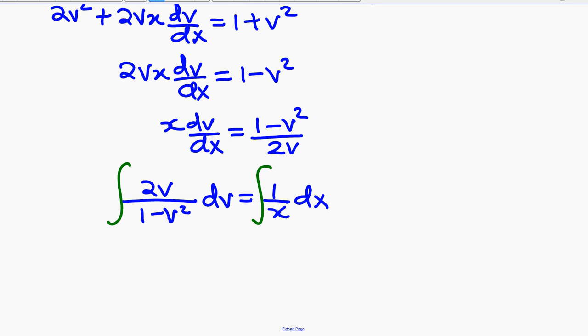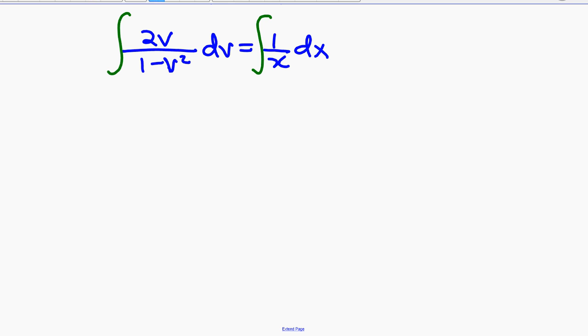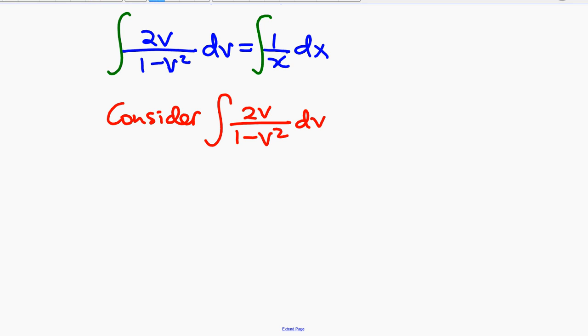Now I want us first of all to consider this bit. So let me just write here, consider this integral. Maybe I should use red. All right, so the reason why I am saying let's consider this is we may have to use substitution to integrate this.